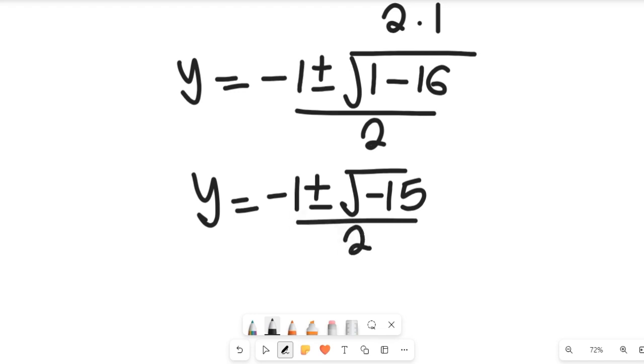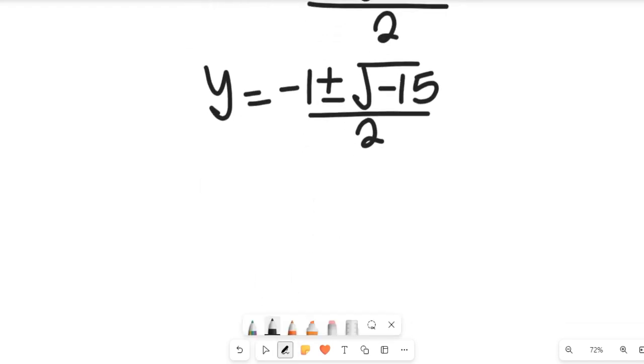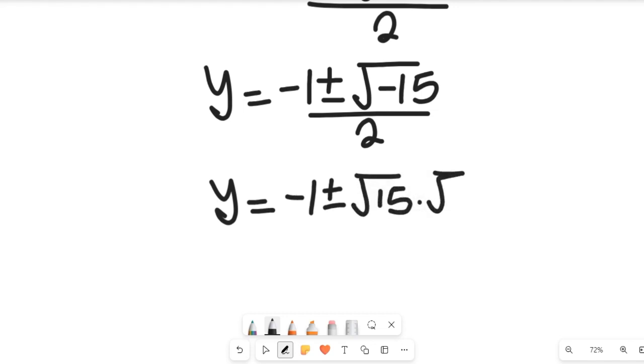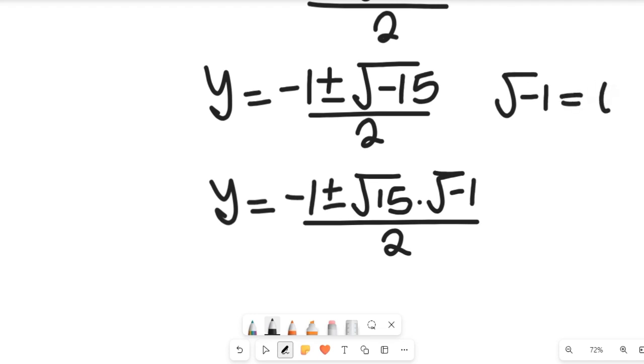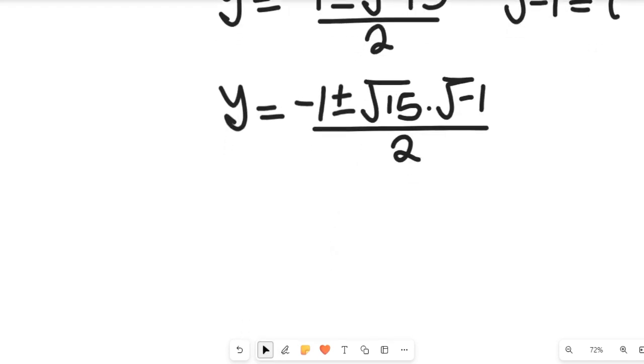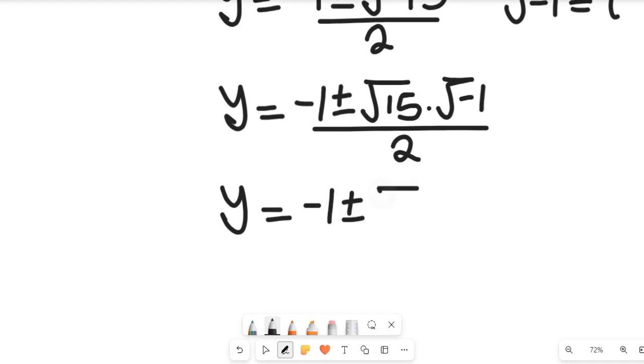divided by 2. So y will be equal to negative 1 plus or minus the square root of 15 multiplied by the square root of negative 1, all divided by 2. And the square root of negative 1 is equal to i, the imaginary unit. So y is equal to negative 1 plus or minus the square root of 15 i, divided by 2.